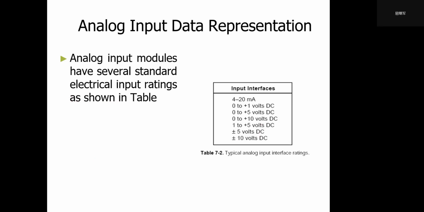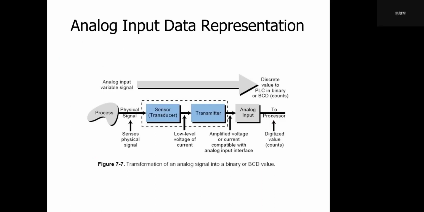Analog input modules have several standard electrical input ratings as shown in the table, for example current and DC voltage. The analog inputs are given a digital representation: the transformation of an analog signal to binary or BCD values.